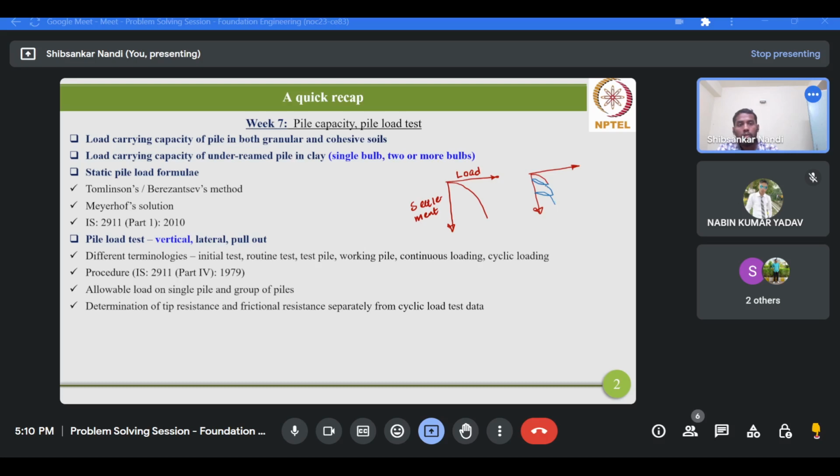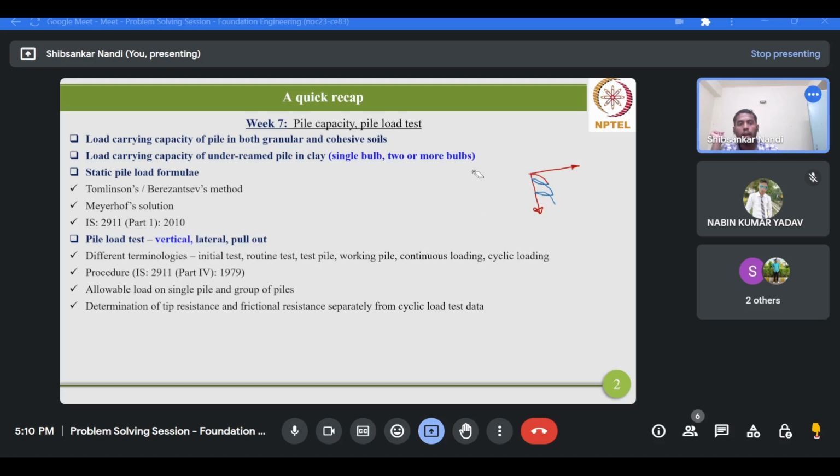As you can see, when you release the load, the curve doesn't go back to the initial starting position. Why? Because some plastic settlement will take place, and that's why this curve will not meet exactly the initial starting position.